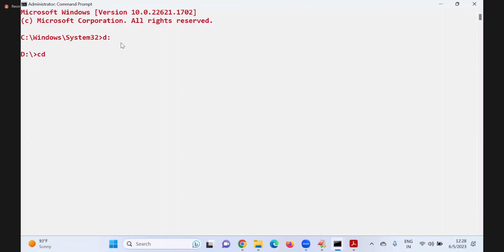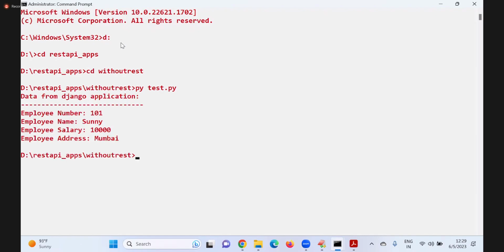Check carefully: in our Python program, REST API, without REST. Now py test.py. It is a Python file, meaning my Python application is contacting Django and I am getting the data. I'm using Python, but the application is available in Django as an HTTP response.